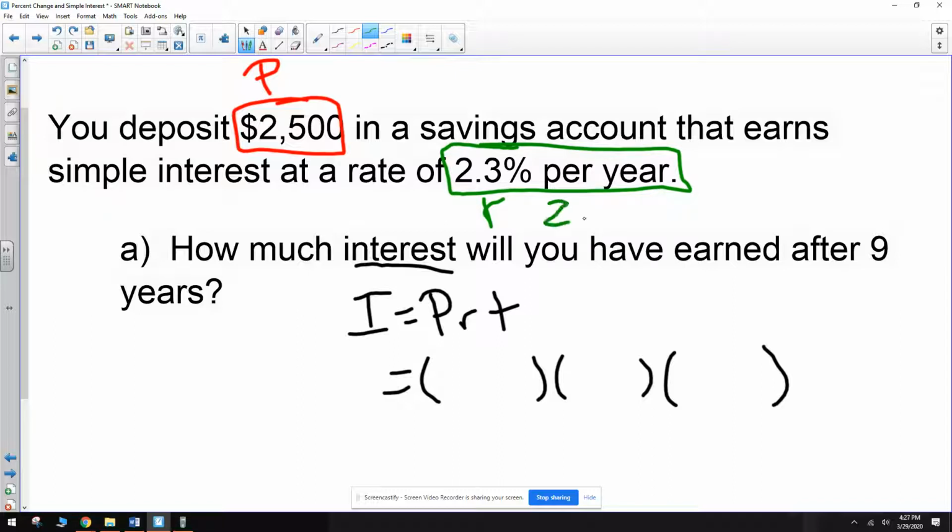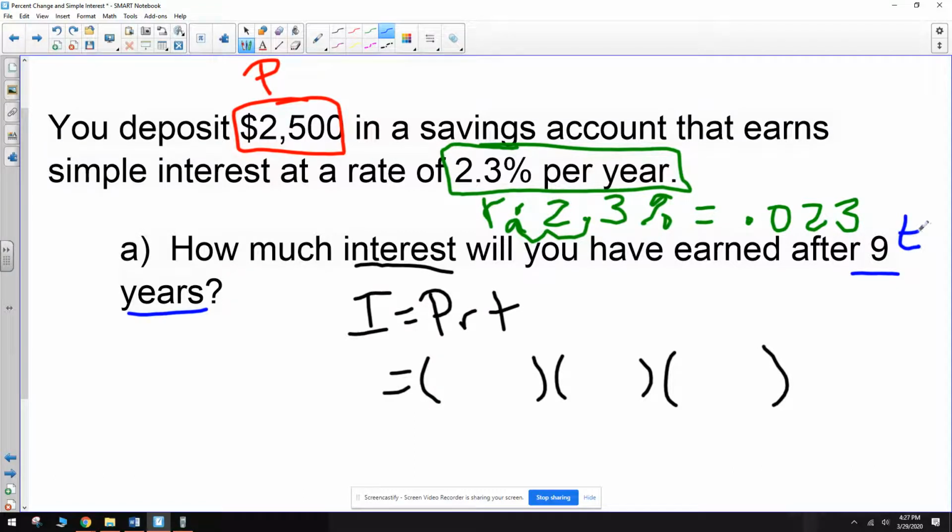So if I'm starting with 2.3%, I have to move the decimal so the percent symbol goes away. And remember, we do 2 to the left, so 1, 2. It's going to go here, and I need the 0 for the placeholder. So 0.023 is going to be my rate, my R. And then we need time. So it asks how much interest will you have earned after 9 years. That's my time.